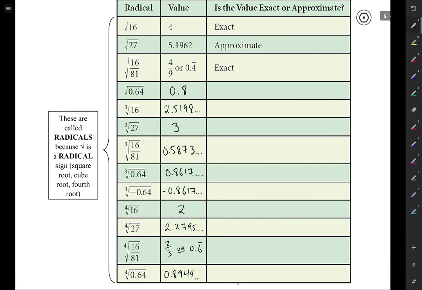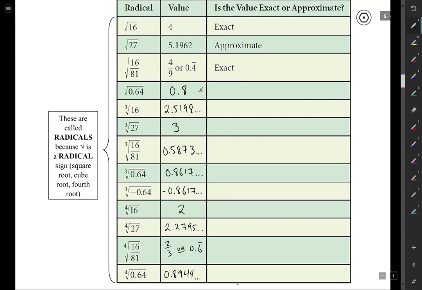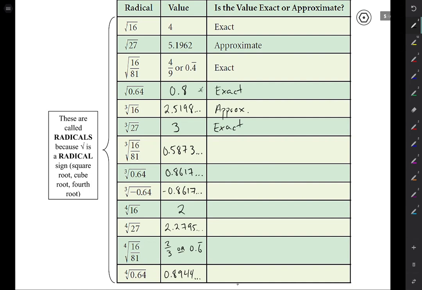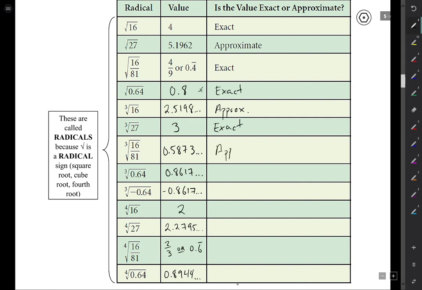All right, so I put in the values from plugging them all into my calculator, and now let's see if these are exact or approximate. For this one here, the decimal terminates, so that means it's exact. For the next one, the decimal goes on forever and it's random, so that's definitely an approximate one. The next one's definitely exact because we know the whole number. And for the next 3 of them, all of these are approximate.